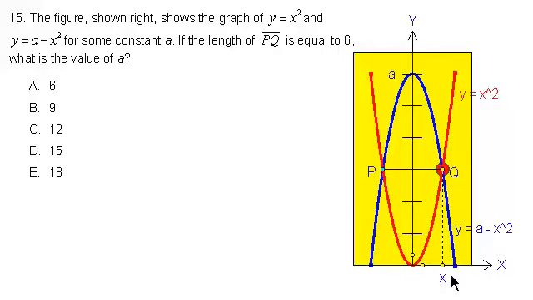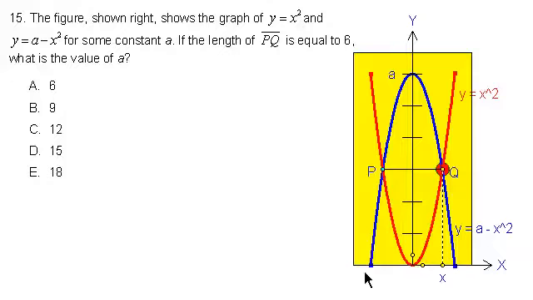Now, we can see here the two equations are parabolas, because one is y equal to x square, and the other one is y equal to a minus x square.